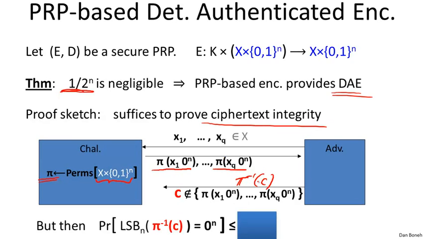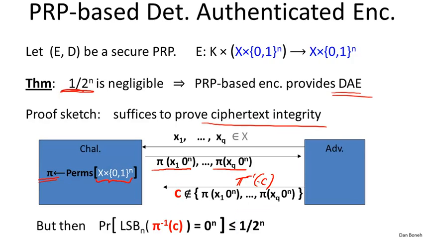Well, so let's think about this. Basically, we have a truly random permutation, and the adversary got to see the value of this permutation at Q points. How likely is he to produce a new point that, when inverted, happens to have n zeros as the least significant bits? What we're doing here is basically evaluating the permutation pi inverse at the point C. And since pi inverse is a random permutation, how likely is it to have its n least significant bits be equal to 0?